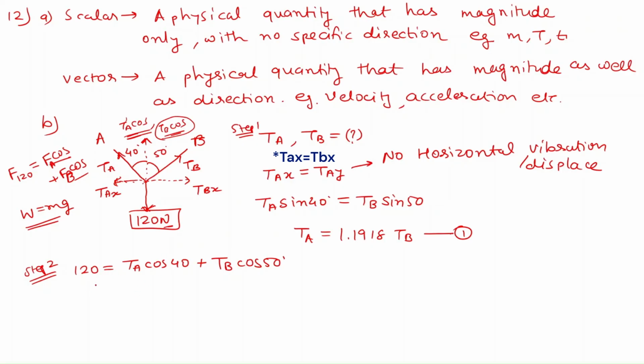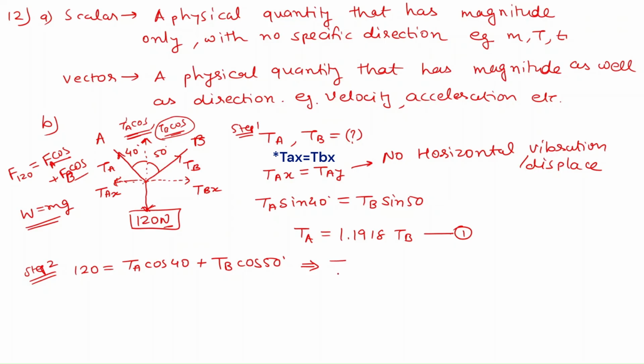Okay. Now we know the cos 40 and cos 50 values, and putting these values in, we got the equation. Now there's one thing here. We have a TA value also. So put this value in place of TA.